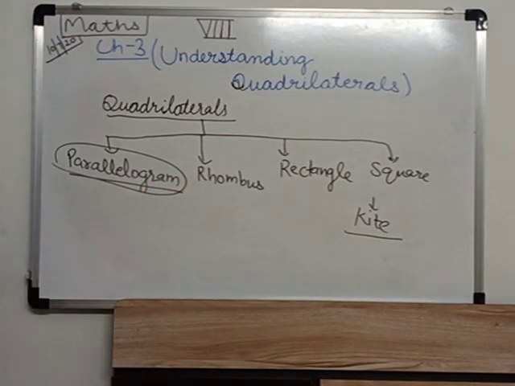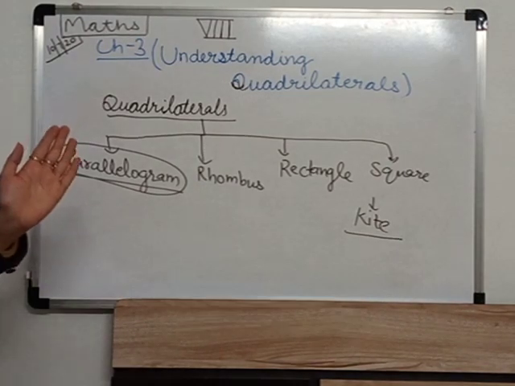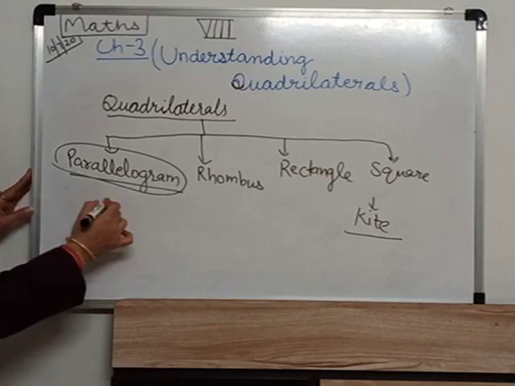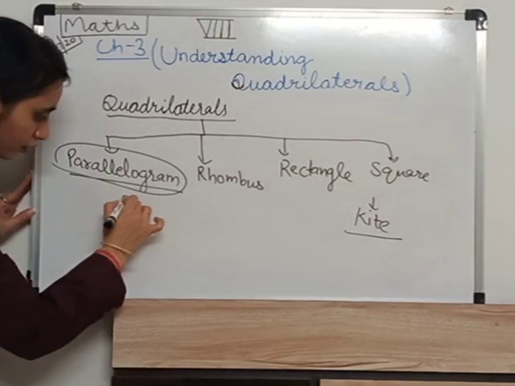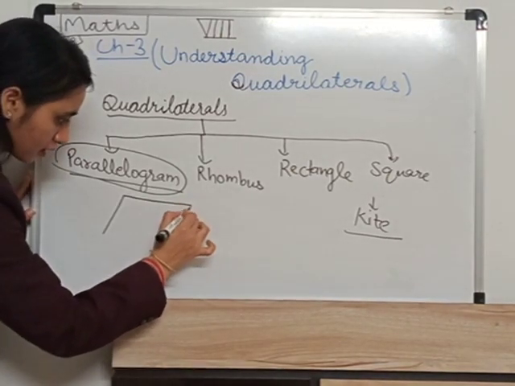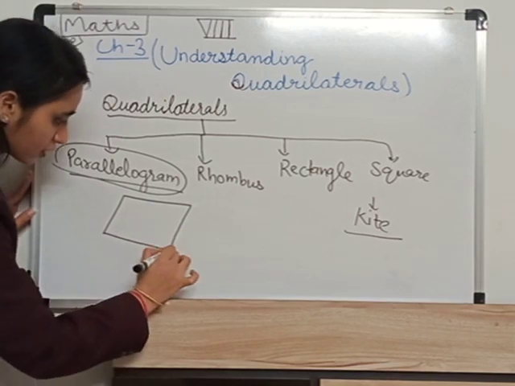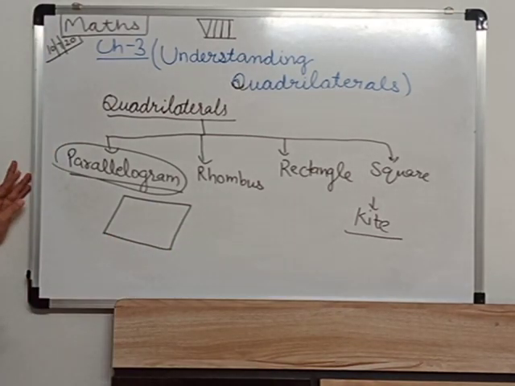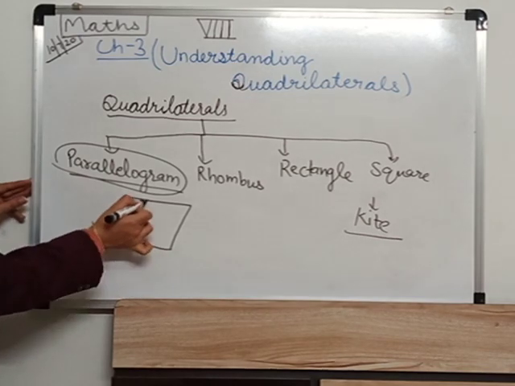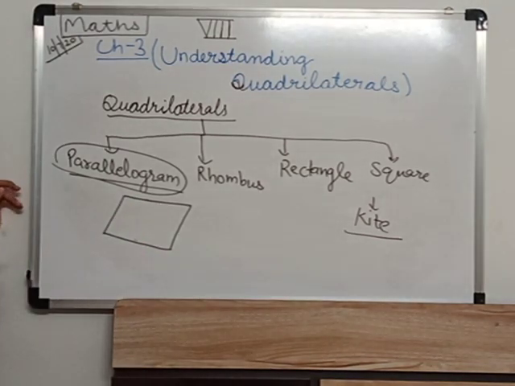Parallelogram. A parallelogram is a type of quadrilateral in which each pair of opposite sides is parallel. The shape of a parallelogram is like this. Opposite sides are parallel. And what are the properties of a parallelogram?